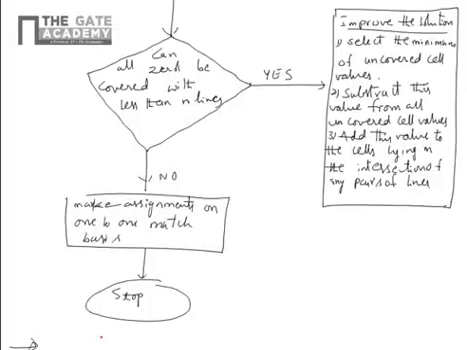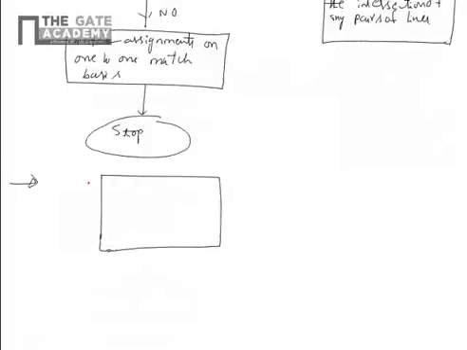Consider an example of customers C1, C2, C3, C4 and jobs J1, J2, J3, J4. These jobs are assigned to these customers.